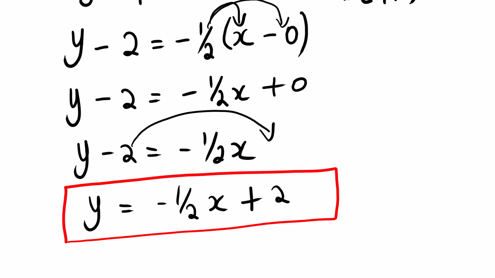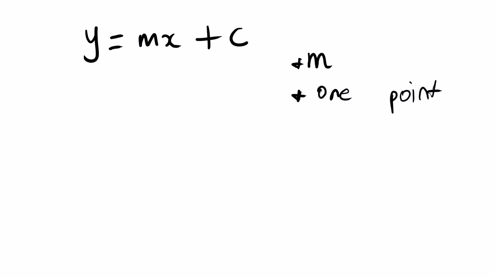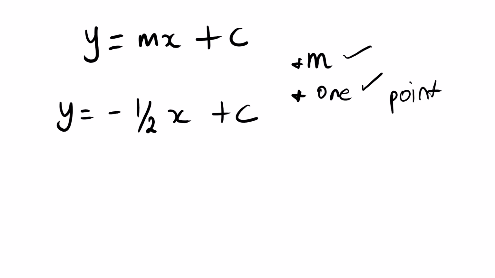There is another way. It's a bit longer than this one, but let us do it. If you don't understand this one, maybe you can understand that one better. For the second method, we also need the gradient and 1 point on top of that graph. So in our case, we know that the equation is y equals negative 1 over 2 x plus c.